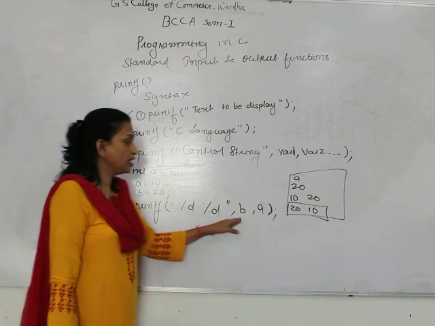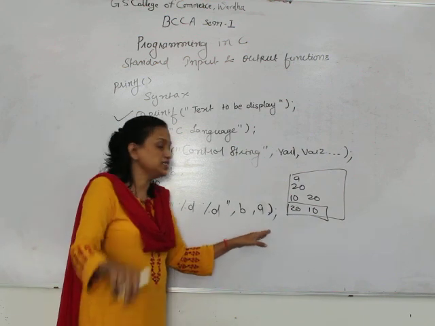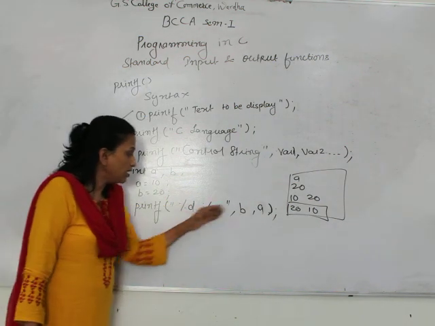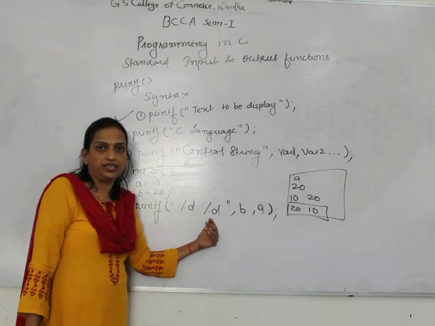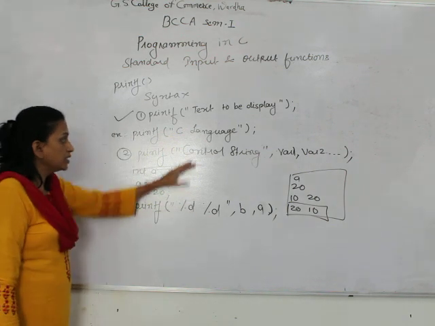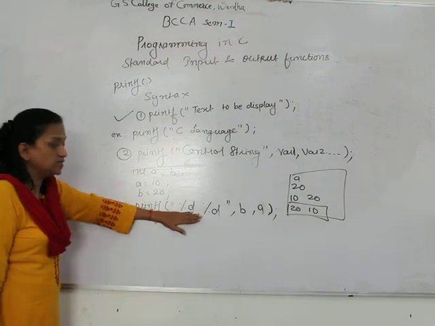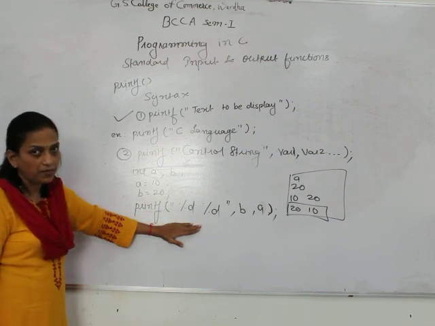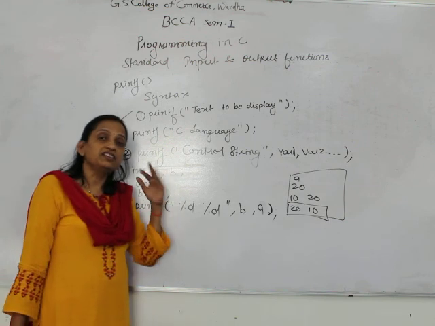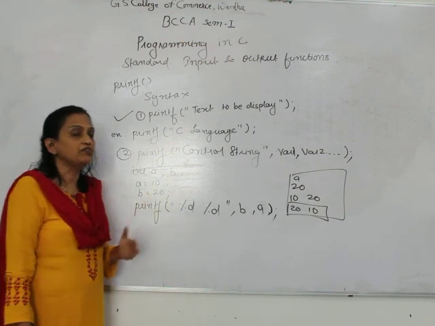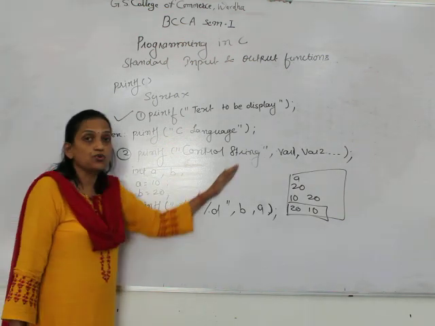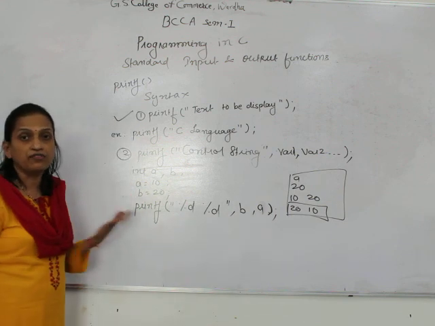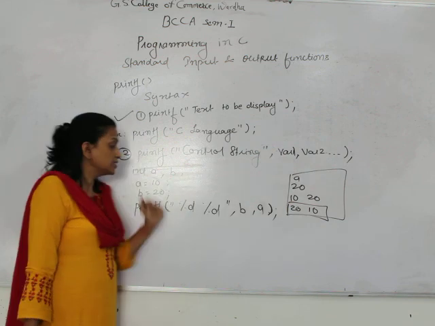Here we are printing the values of two variables, so we are using two control strings. The control strings are always enclosed within double quotation marks. If you are going to print three values, then you have to use three control strings, depending on their data type, which type of value you are going to print on the screen.